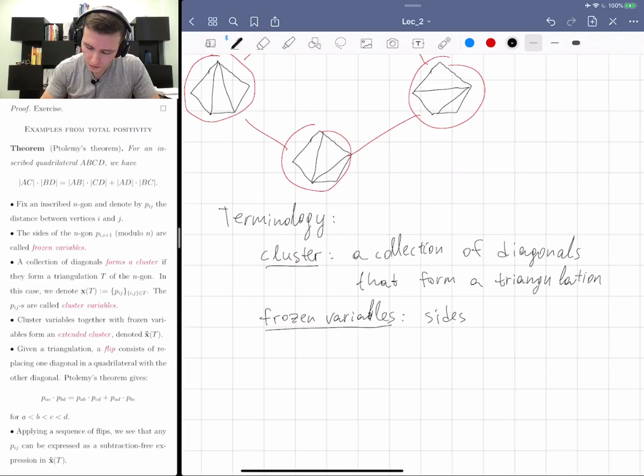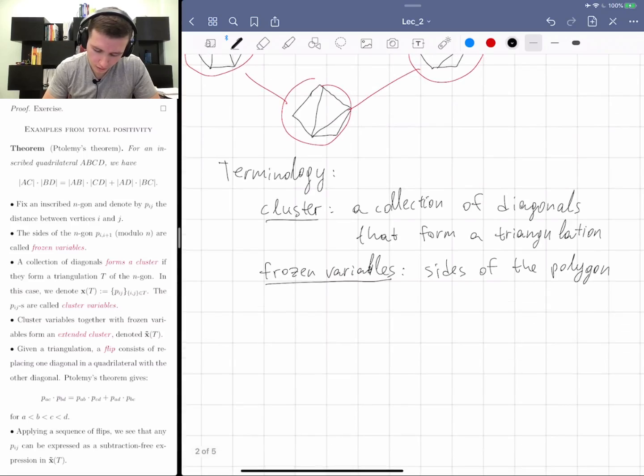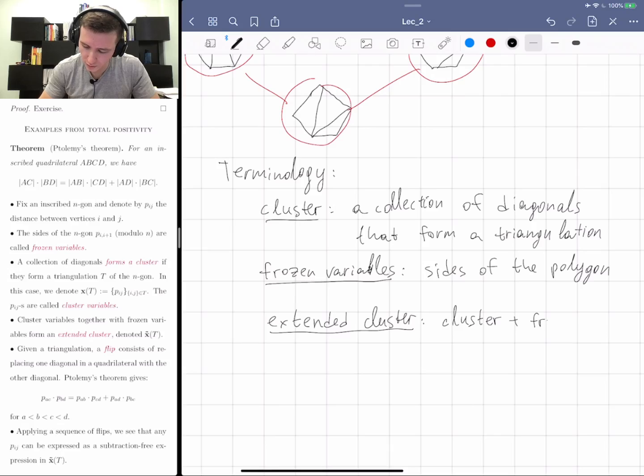Sides of the polygon. If I take them together, this is called the extended cluster. So this is the cluster plus the frozen variables.